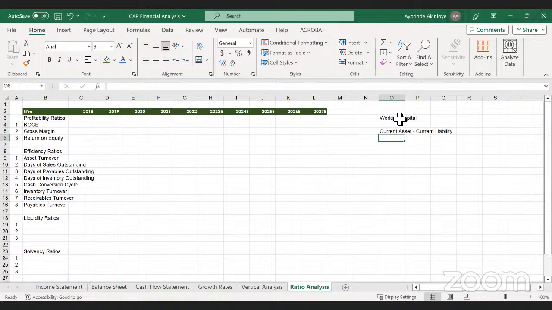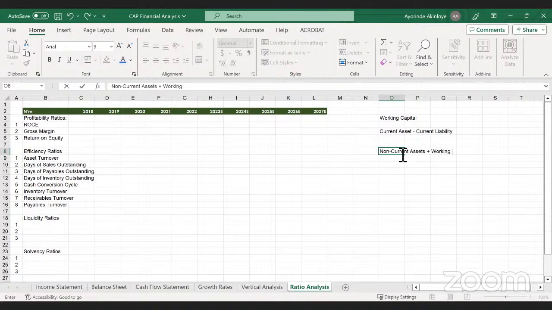Now, to calculate capital employed, we say capital employed is fixed assets, or let me say non-current assets, using the current IFRS definition, plus working capital. From the definition of working capital I've given you, current assets minus current liabilities, if you bring it into this formula, I want to use short forms, NCA, for non-current assets.